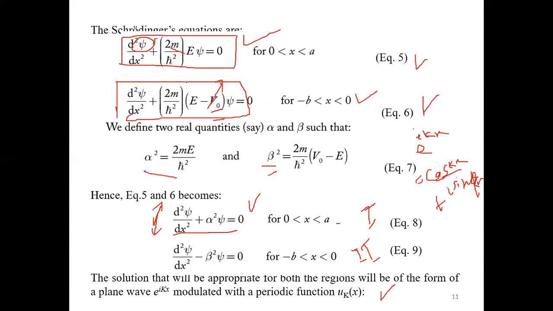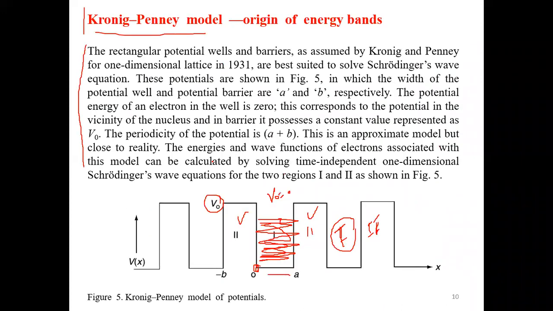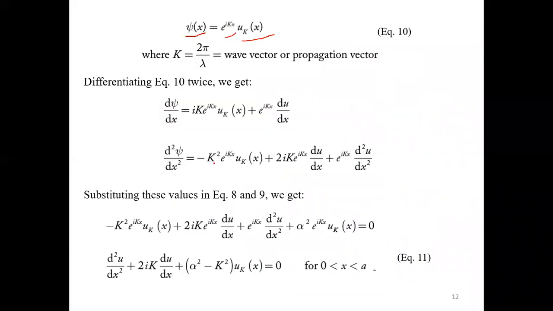So at first, here there is a double derivative. So at first you will differentiate this one. At first you will find d psi dx, and then you will differentiate again. So you will have d squared psi dx squared. So d psi dx will be this thing, and d squared psi dx squared will be this thing.